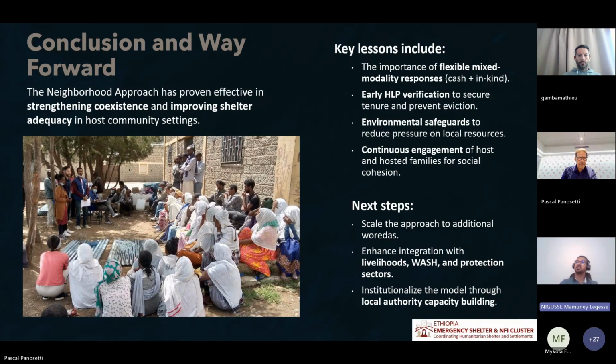And as a challenge, there has been some inflation, especially the currency changes, which have significantly increased from 2022 to 2024, and now, more or less, a 50 to 60% increment in exchange. The market price fluctuation as well as the hosting family fatigue has been quite a challenge, but overall, as a result, we have seen stronger integration, basically from the local authority side as well as from families who wish to host IDPs.